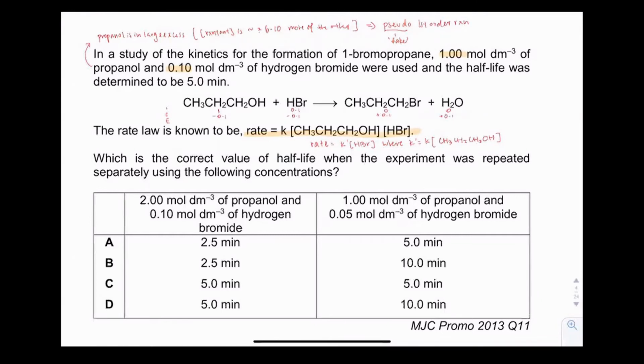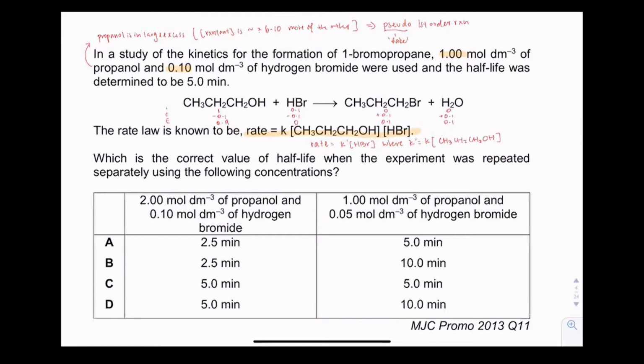So over here, at equilibrium, please take a look at the concentration of CH3CH2CH2OH, propanol. The concentration is 0.9 mole per dm cube, which is about the same as 1 mole per dm cube. Therefore, we say that it remains relatively constant. Since it remains relatively constant, we can group it together with the rate constant k.